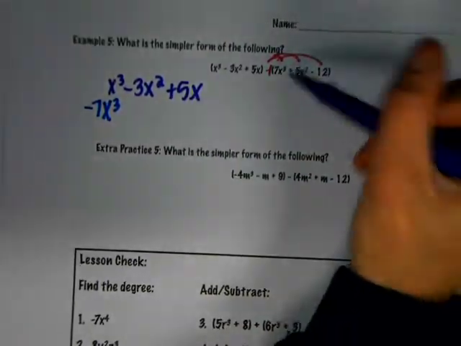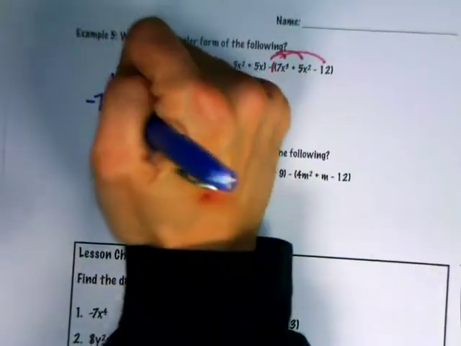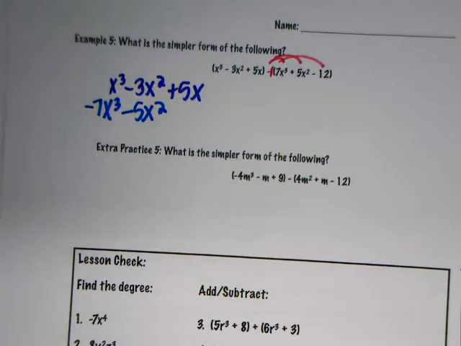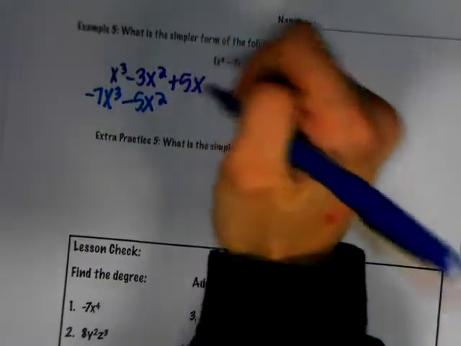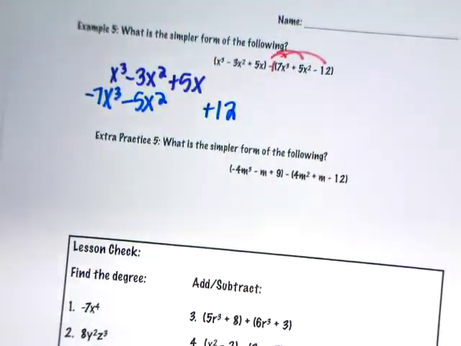Okay, and then negative 1 times 5x squared. Yep, negative 5x squared. And then negative 1 times negative 12. 12, yep. So we don't have a plain x, so I'm going to just skip there.